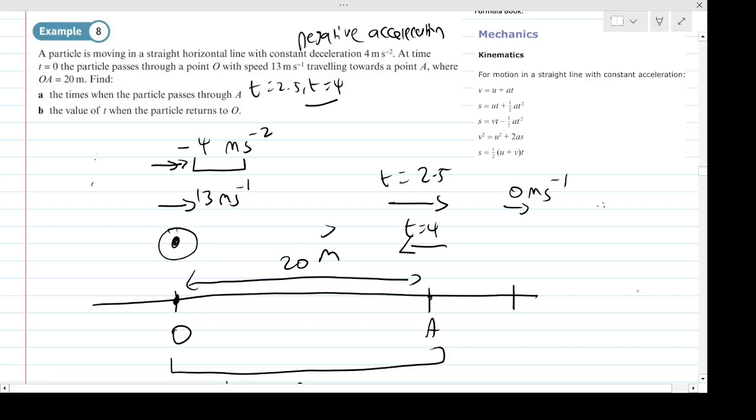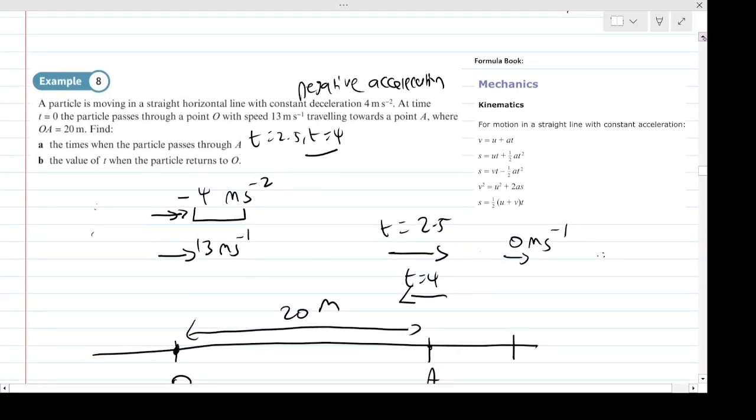They might have moved distance, but the displacement, so at that point, how far are they away from O, is 0, right? Because it's back at O, it's back at the starting point. So what we're going to say actually is S equals 0 here. When it's back at O here, S is going to be 0. The displacement from O is 0.